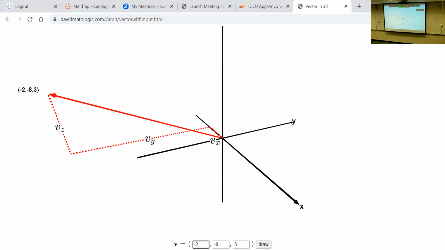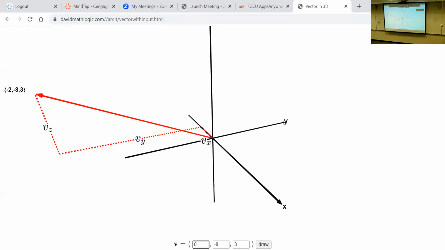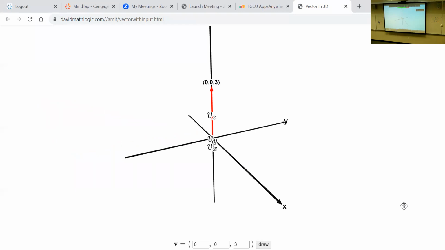Let's just do 0, 0, 3. If I draw this, where would the vector be? Straight up. Good.